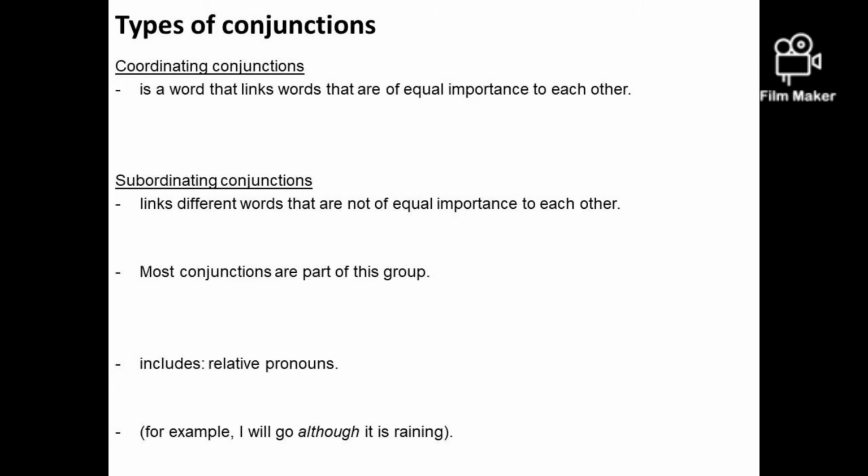This is the opposite of a coordinating conjunction. It's basically a type of conjunction that links different words that are of less importance to each other.